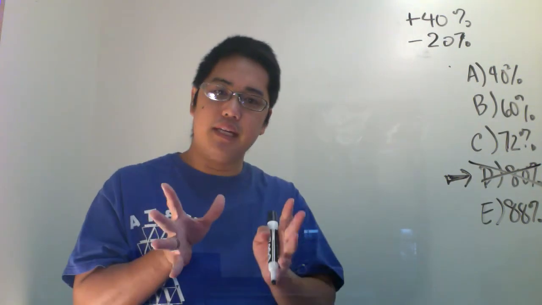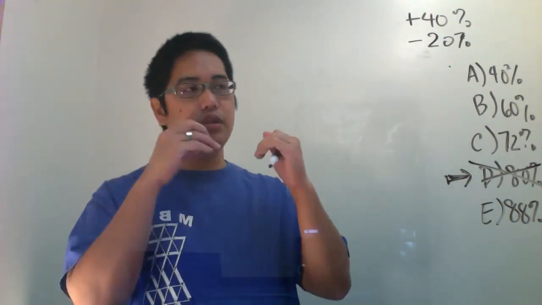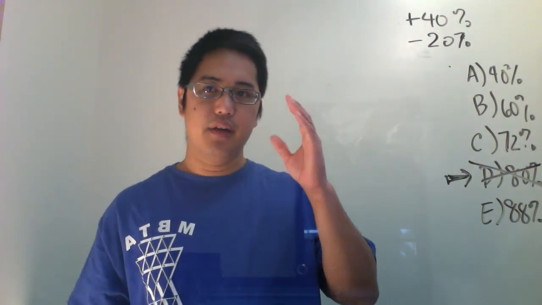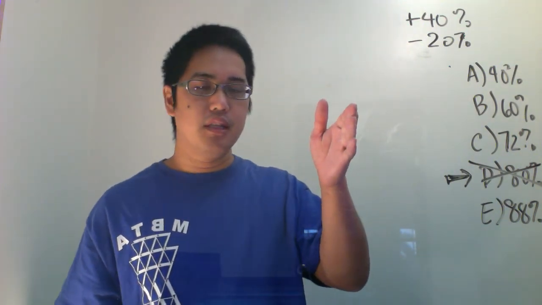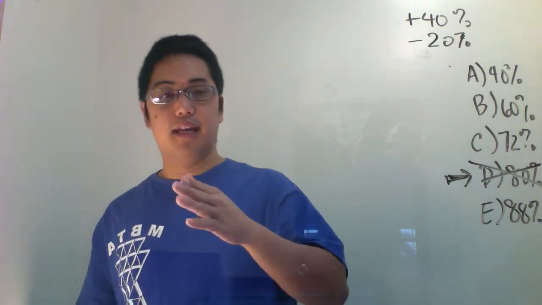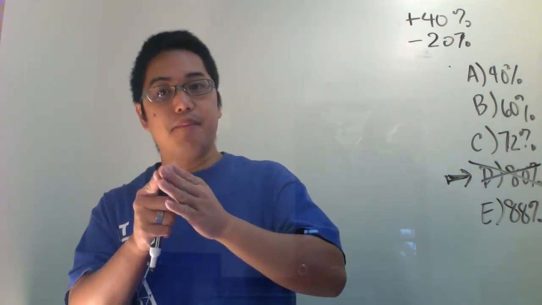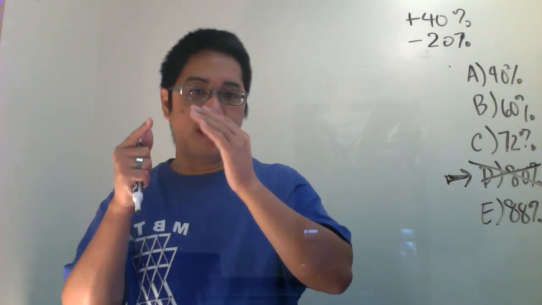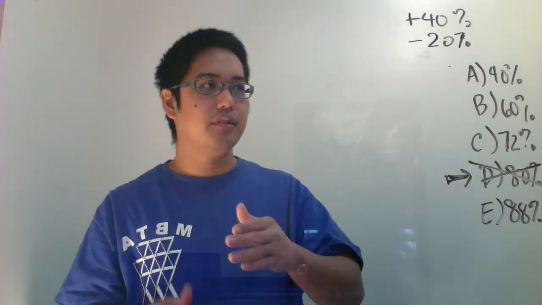The reason being is because when you take percentages, we got to think of how much money the original was, then go down by 40%, and then you go up by 20% of that new number. And that's a different value.